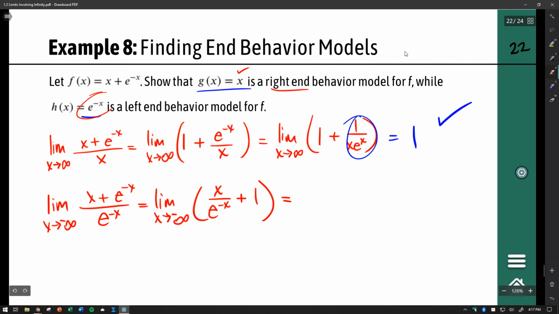What are we looking at here? Well, as x goes towards negative infinity, this goes to 0. So here we have 0 plus 1. So we get 1 again, and there is our end behavior model.